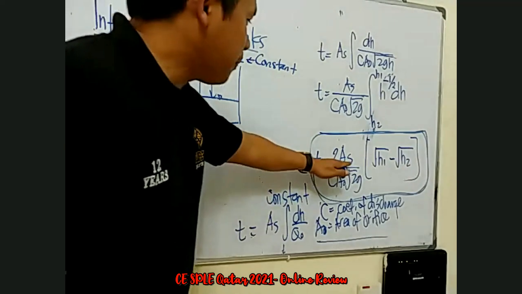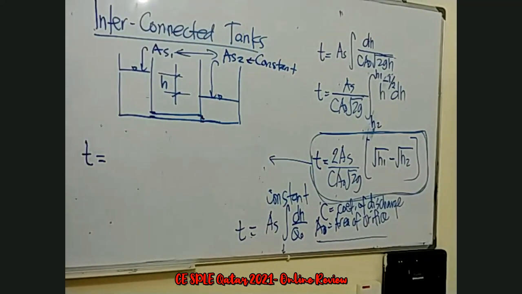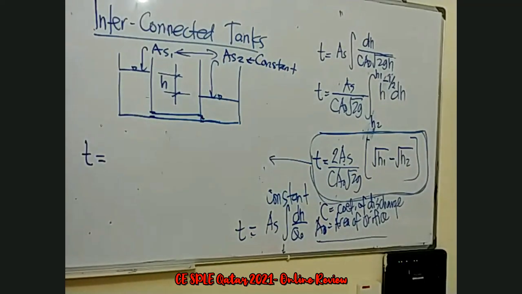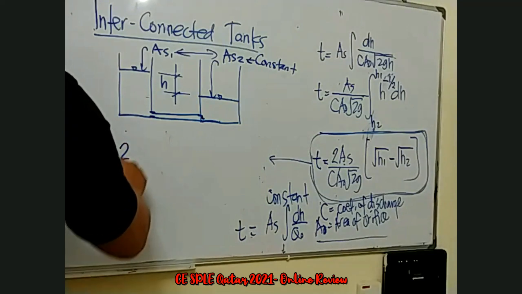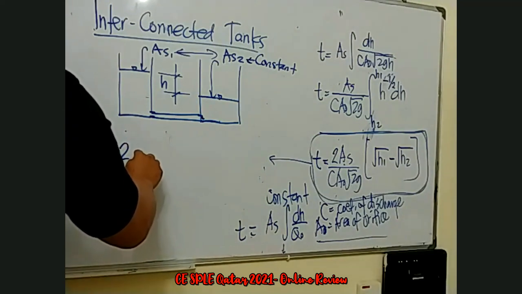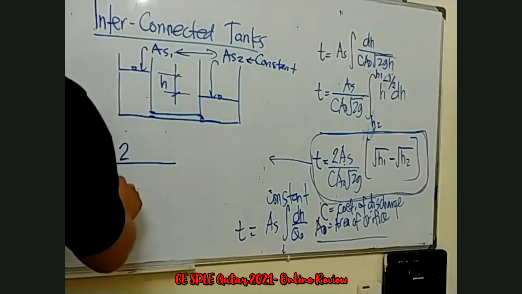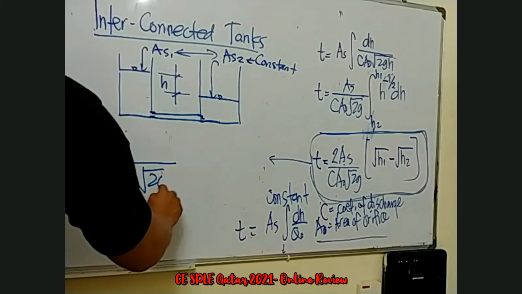Ngayon, pag dalawa na, take the product over sum. So instead na AS, replace AS, and then twice of C, AO, square root of 2g.